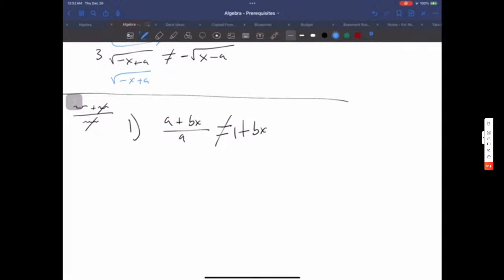So what you could do, if you really wanted to do it this way, is you have a over a plus bx over a, and then you could get to 1 plus bx over a and still do some canceling, but that's not necessary. I would just leave it like this.